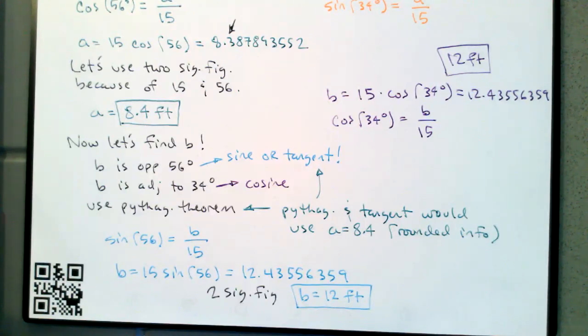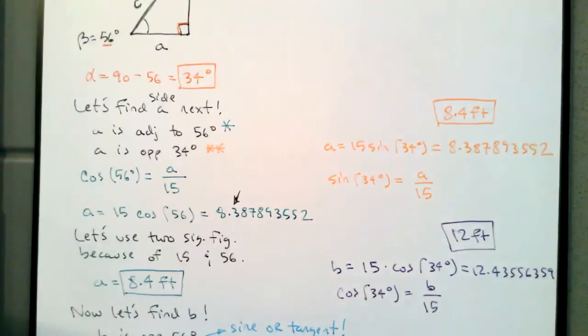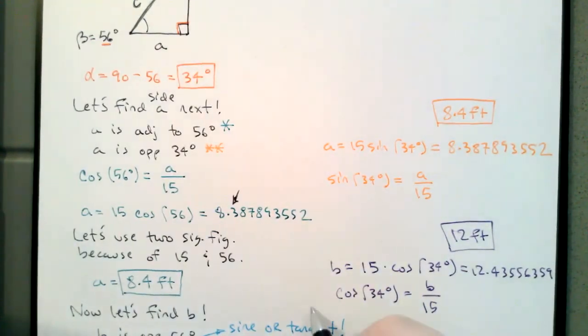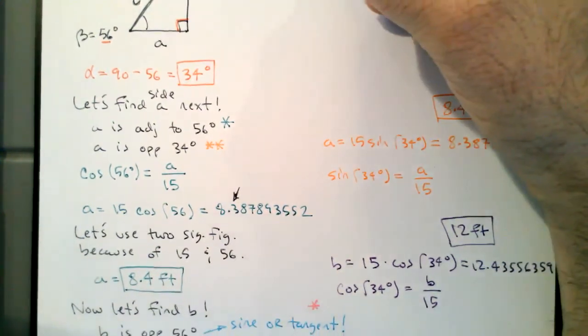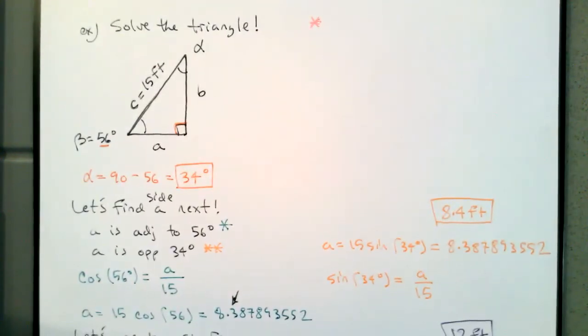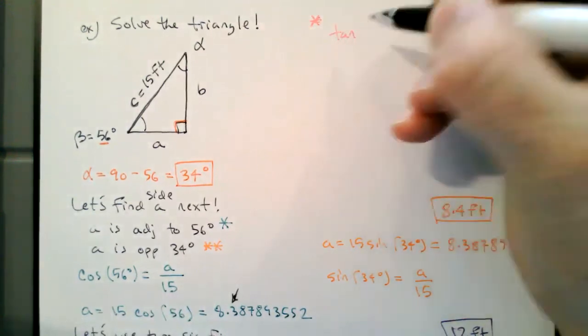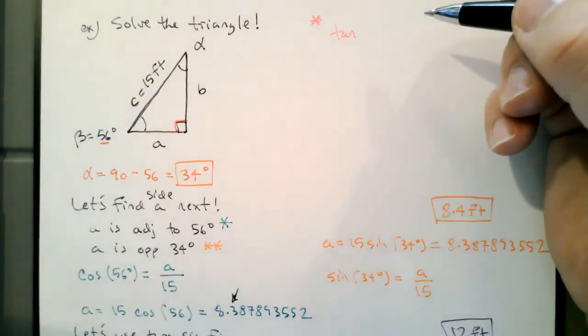Now, once again, we can avoid rounding error by just using more digits. We could set up a tangent for this problem by saying that, let's see, 56 is opposite.